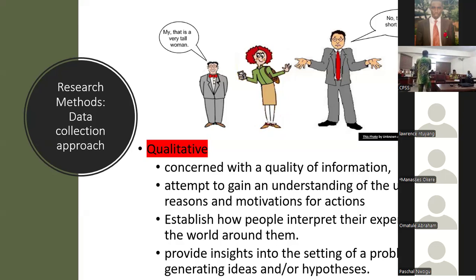But when we do quantitative, we want to see, is this one associated with this one? With qualitative, you are not interested in numbers. You are trying to understand the underlying reasons and motivations for action.